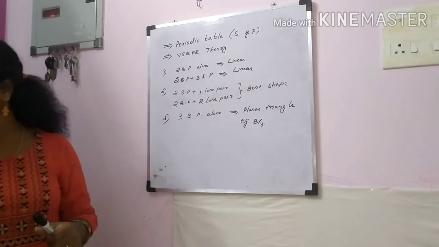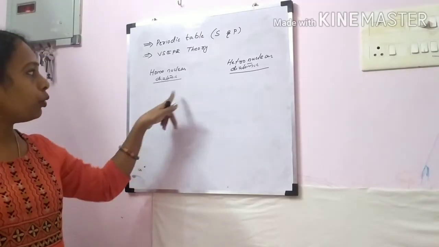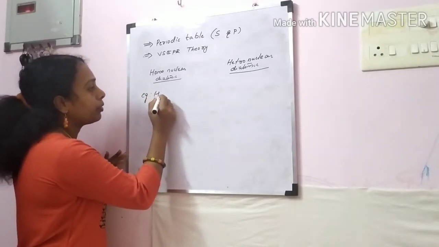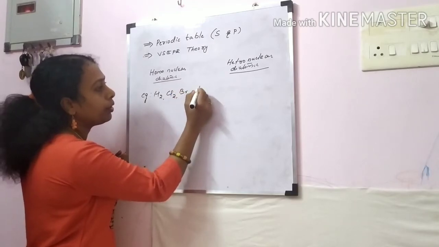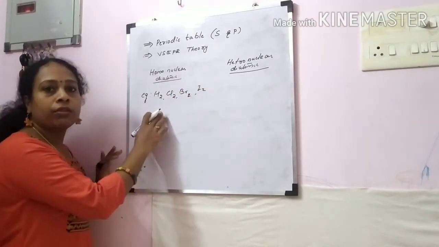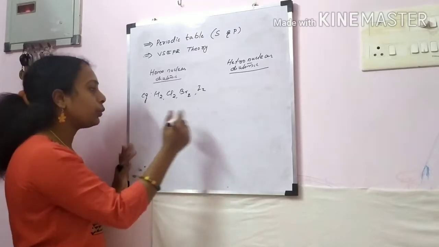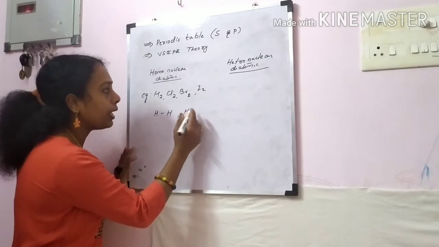Okay, clear? The next is homonuclear and heteronuclear diatomic molecules. Homonuclear, for example, hydrogen, chlorine, bromine, iodine, etc. We will first see which point group it belongs to and what will be the shape. As you know, hydrogen is a homonuclear diatomic molecule.